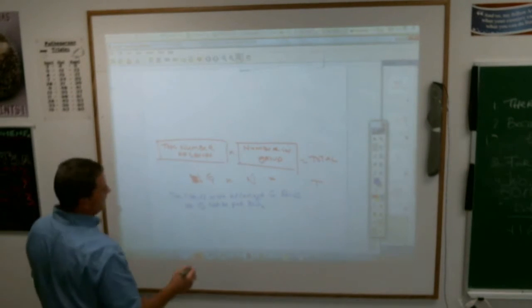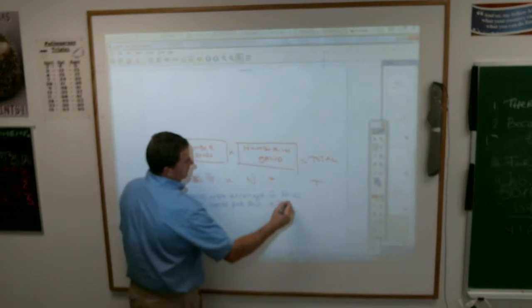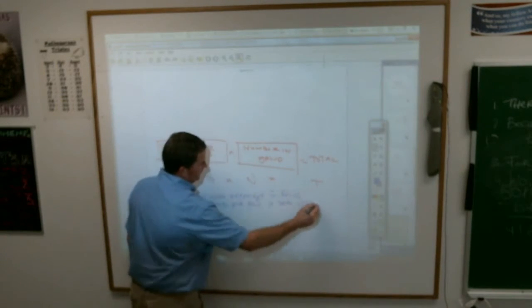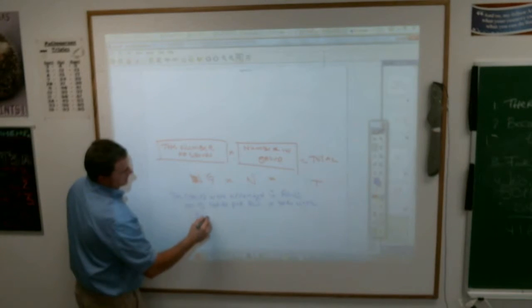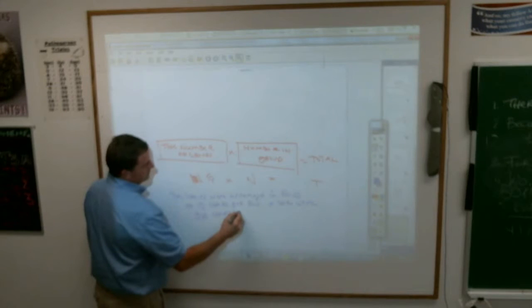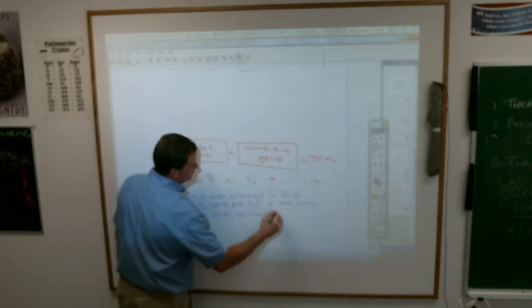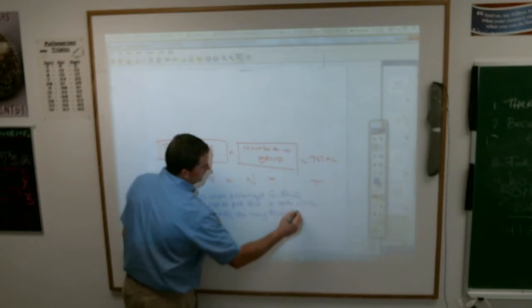If there were 360 chairs, how many rows would you have?